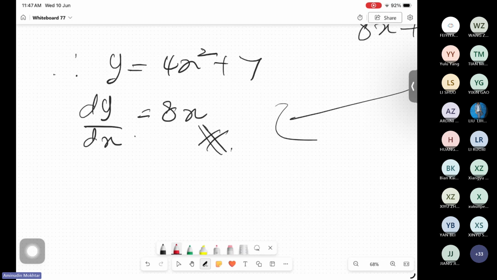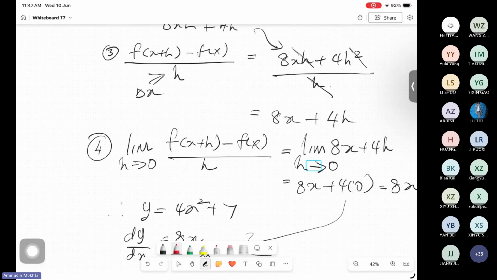You can refer to this page. But for this class, the first principle method is very important. You need to know that basically there are 4 steps in this method, and you need to know how to find the derivative by using the first principle method. You need to memorize these 4 steps. Step 1, step 2, step 3, and the last one is to find the limit.